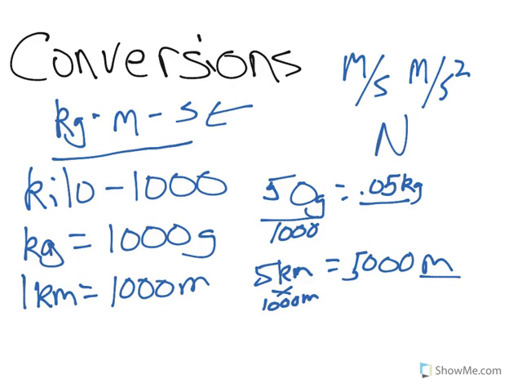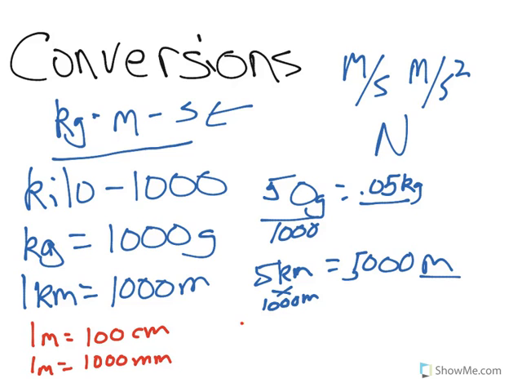The other units that may be associated with meters: 1 meter is equal to 100 centimeters, or 1 meter is equal to 1,000 millimeters. These two units may come up.